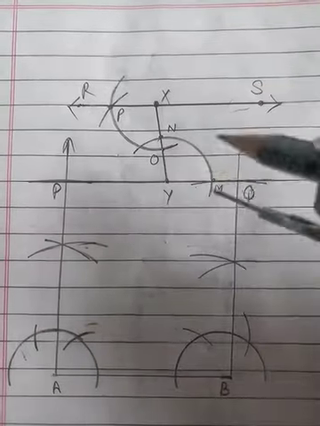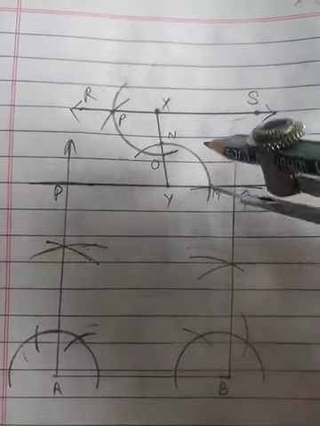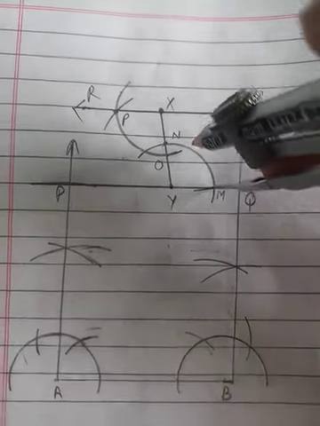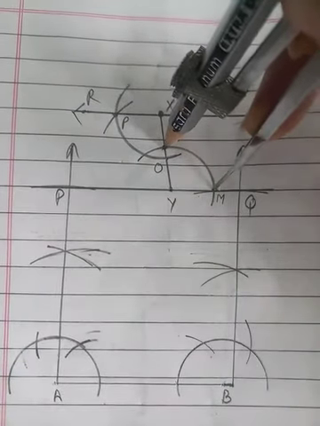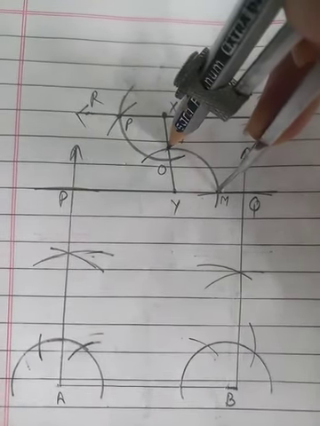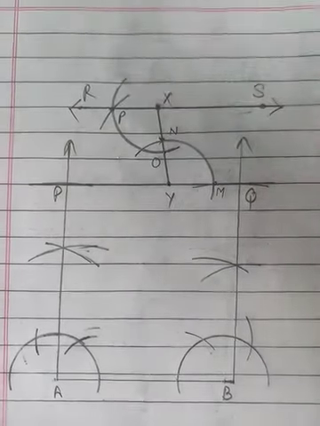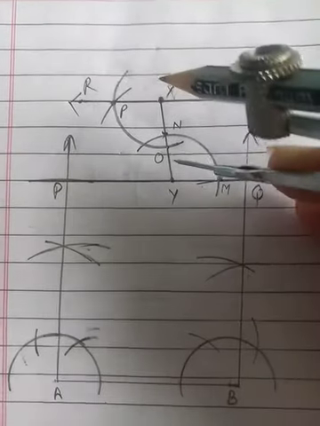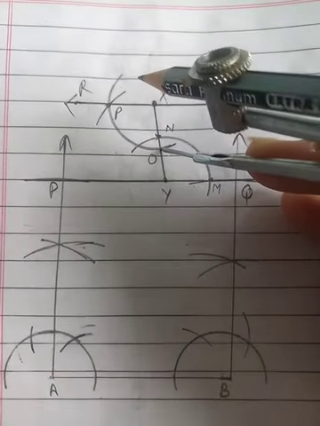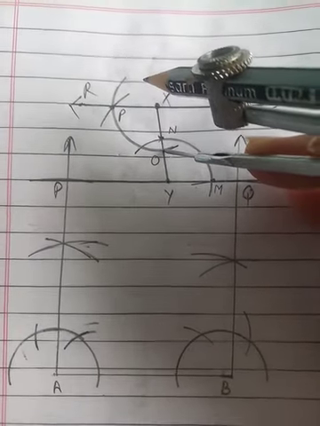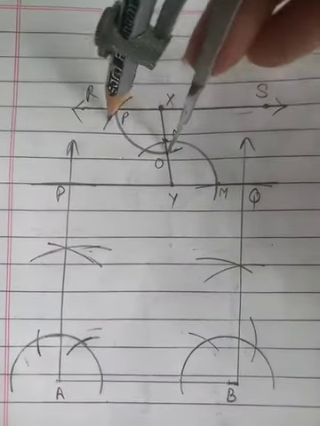Now by opening the compass, taking the radius till the distance of points M and N, I have opened like this. Now you need to put the compass on point O, taking O as the center point, and the new arc will intersect.